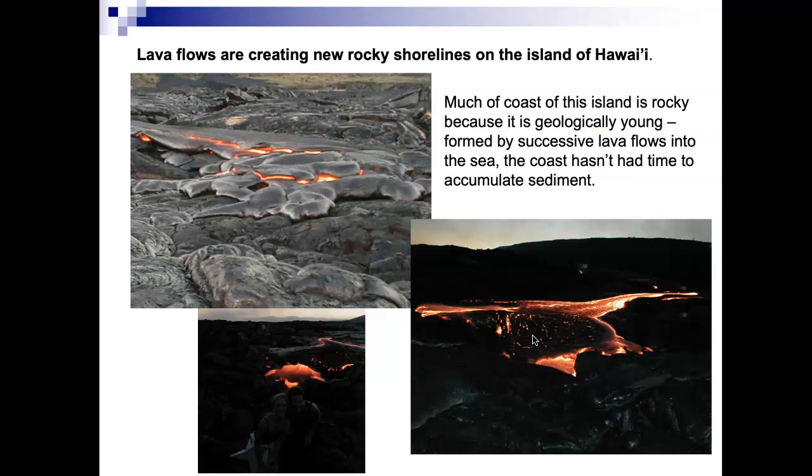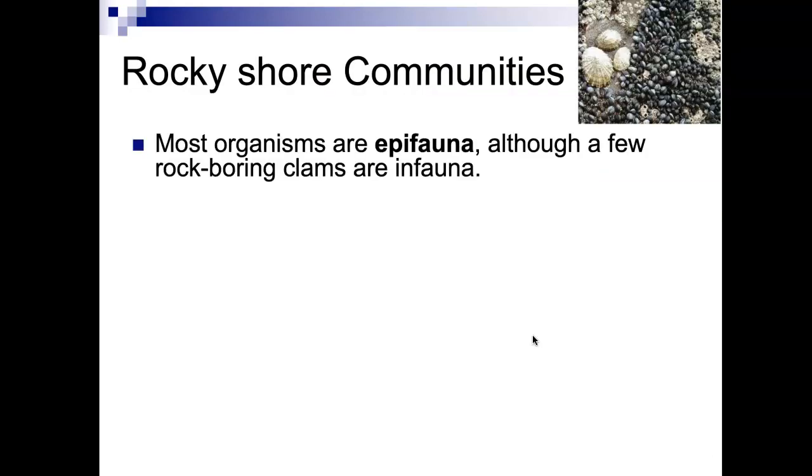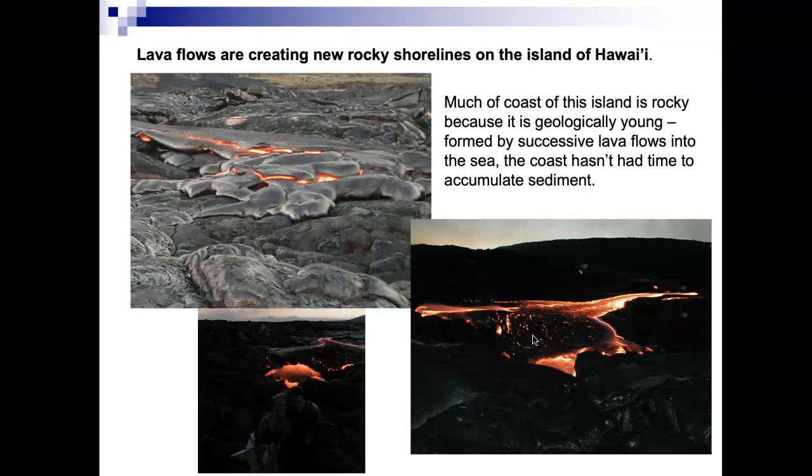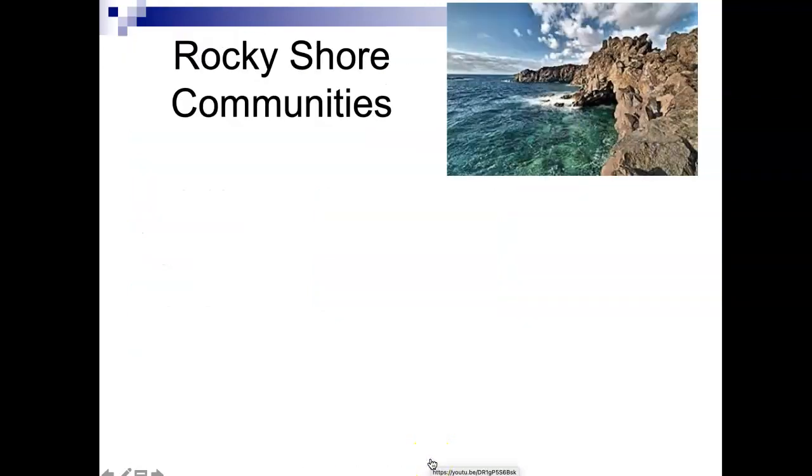So much of the coast of the Hawaiian Islands, but the Big Island especially, is rocky because it's geologically young. They're being formed currently by successive lava flows into the sea. So the coast really hasn't had time yet to accumulate sediment, and you'll see rocky shore communities there. That's why, if you watch that video, it's going to be of the rocky shorelines in Hawaii.